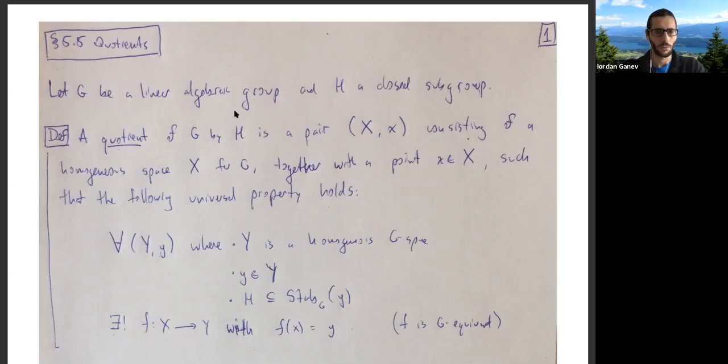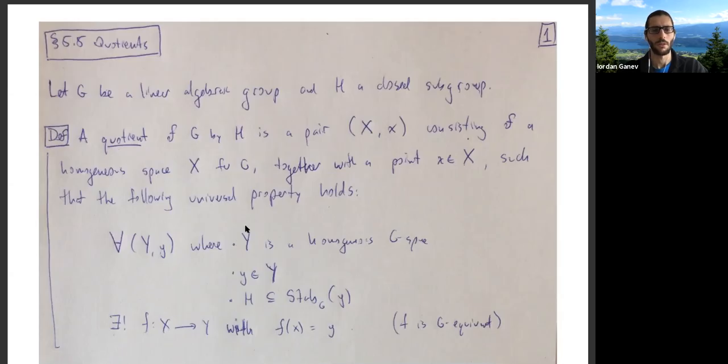If we have a linear algebraic group G and a closed subgroup H, then there's a notion of a quotient of G by H. The definition will be quite formal; we'll be a bit more concrete in a bit. The quotient is a pair (X, x), consisting of a homogeneous space X for G and a point little x in the homogeneous space, such that the following universal property holds.